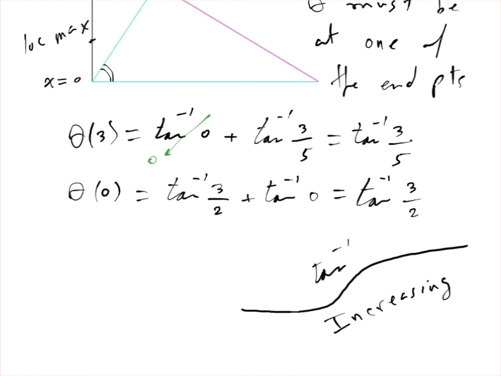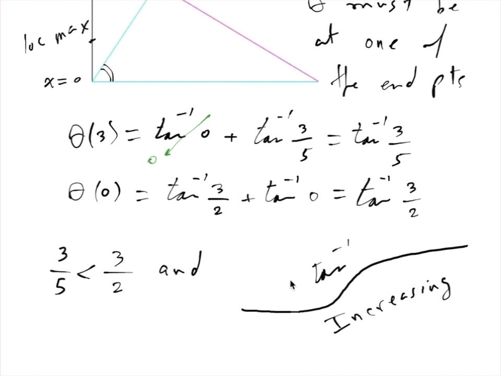So 3/2 is bigger than 3/5. Let me write it the other way: 3/5 is less than 3/2.